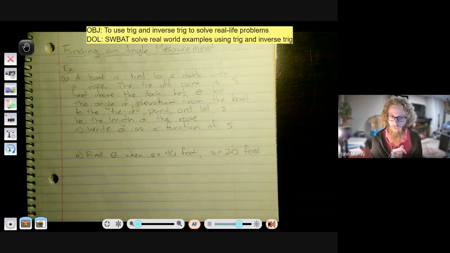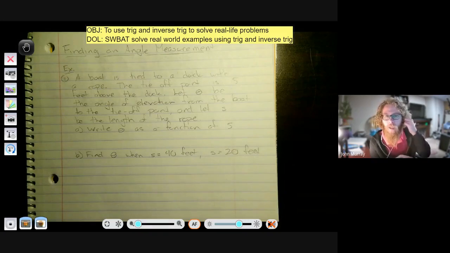All right, so let me read this example, and then we'll tackle it. So we have a boat that is tied up to a dock with a rope. The tie-off point is 5 feet above the dock. Let theta be the angle of elevation, vocab word from before, from the boat to the tie-off point, and let S be the length of the rope.